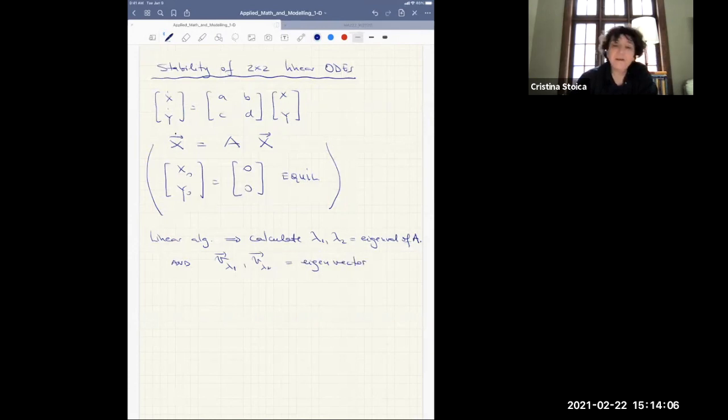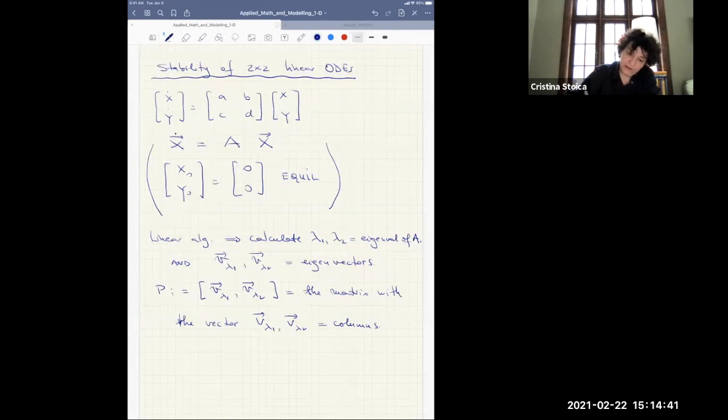Okay, and why we're interested in eigenvalues and eigenvectors is because if we denote by P the matrix that has these vectors as columns, so this is the matrix with the vectors V lambda 1, V lambda 2 as columns.